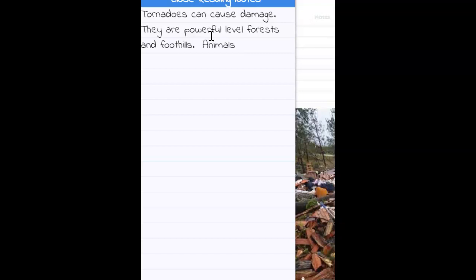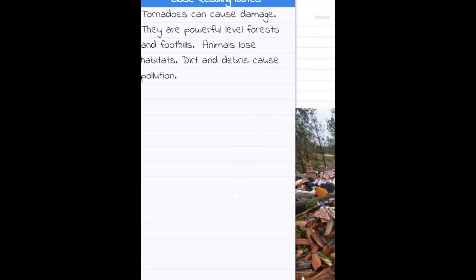Animals lose habitats, and habitats is another word for home. It's where they live. So do fish, and the dirt and debris cause pollution. Wow, that's a lot of damage.